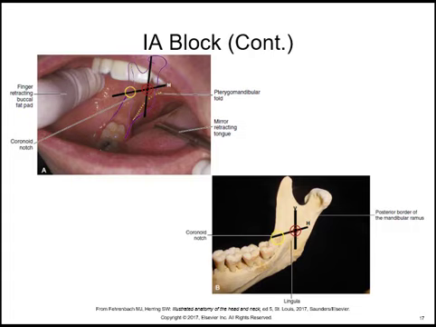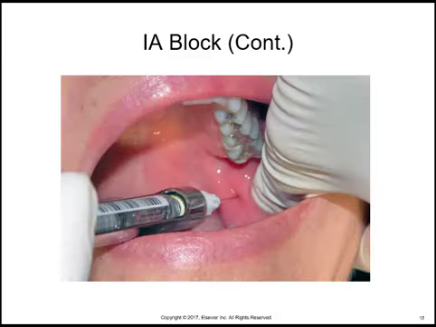The deposit location of the IA block is slightly superior to the entry point of the IA nerve as it moves inferiorly to enter into the mandibular foramen. In case of anesthesia failure, we want to reattempt at a slightly superior level than the first injection. And we'll learn about that a little bit more as we get further along into injections.